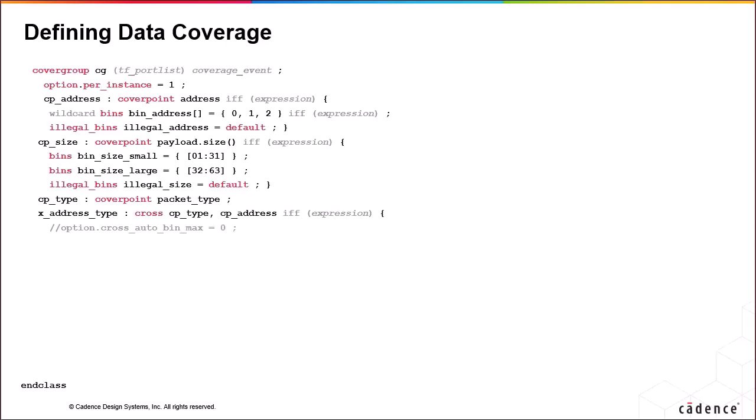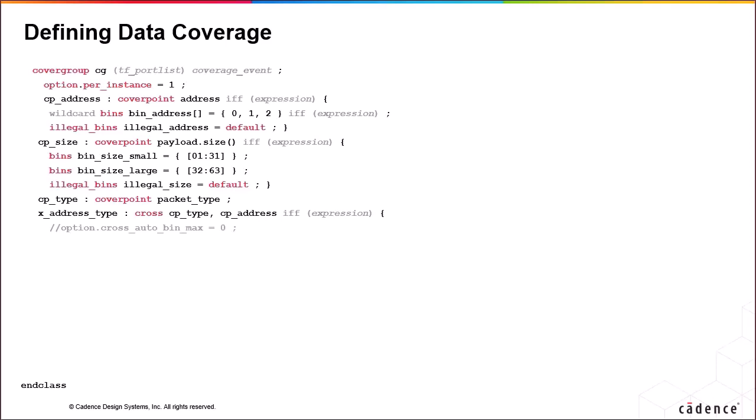This feature needs further explanation, and here it is. For a cover point with user-defined bins, the simulator does not continue to automatically generate bins. For a cover cross with user-defined bins, the simulator does continue to automatically generate bins for those cross products that do not appear in the user-defined bins.